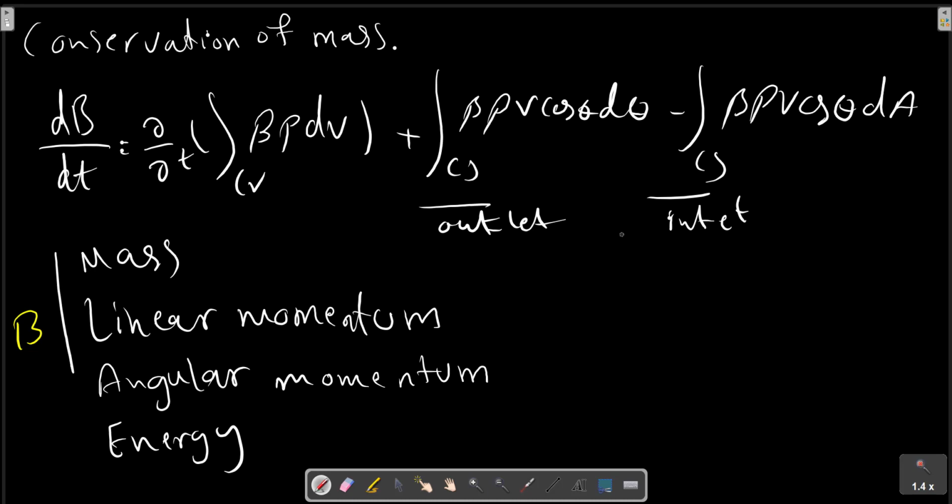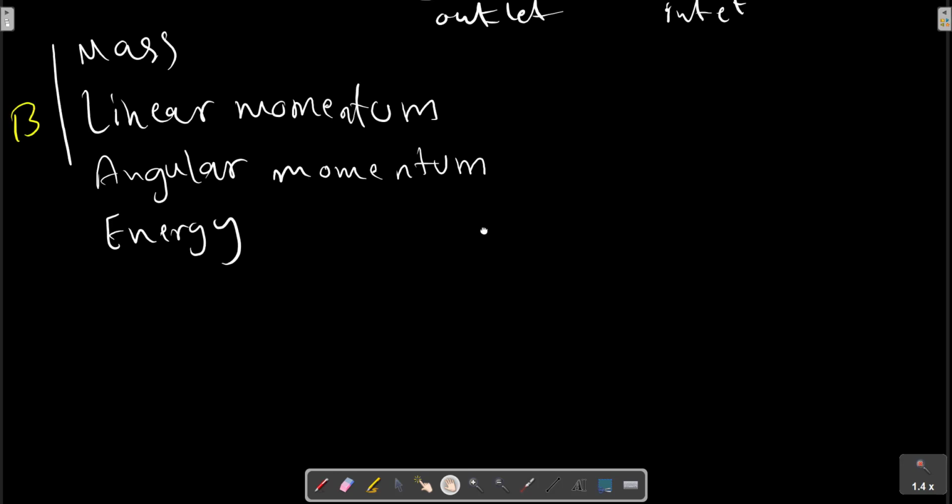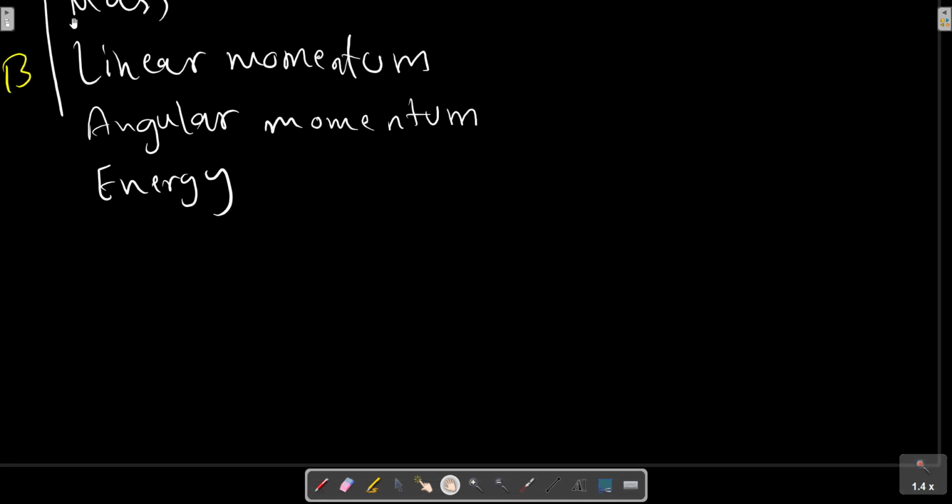For conservation of mass, as discussed before, beta equals 1. For intensive properties, beta is dB on dm.